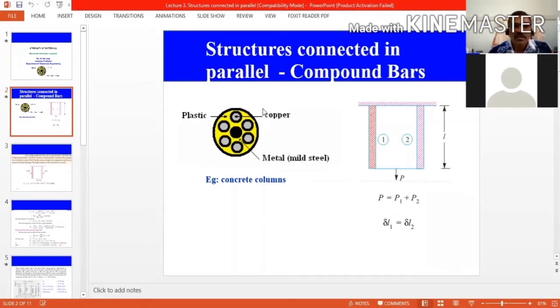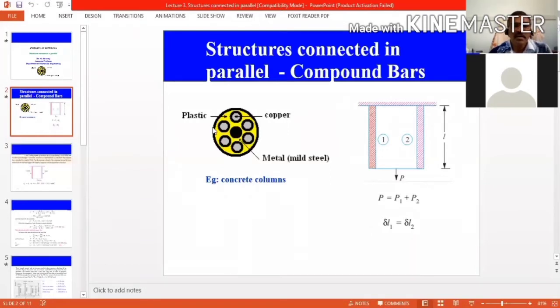Now, consider a concrete column. A concrete column consists of metal rods and concrete. This is a top view of the concrete column.